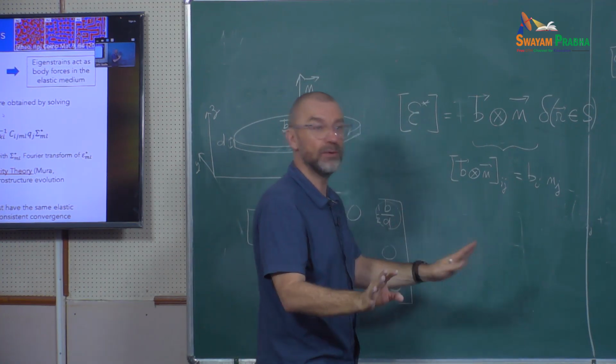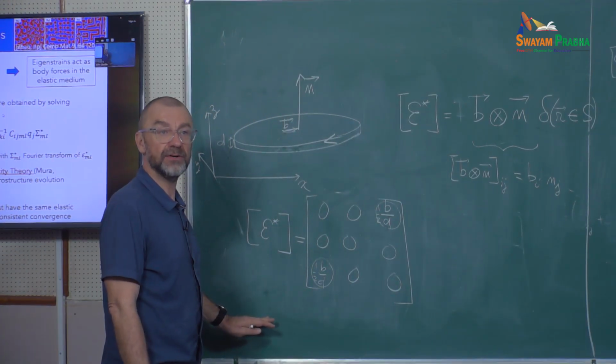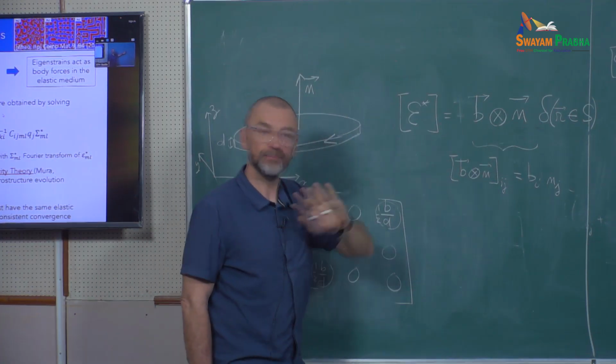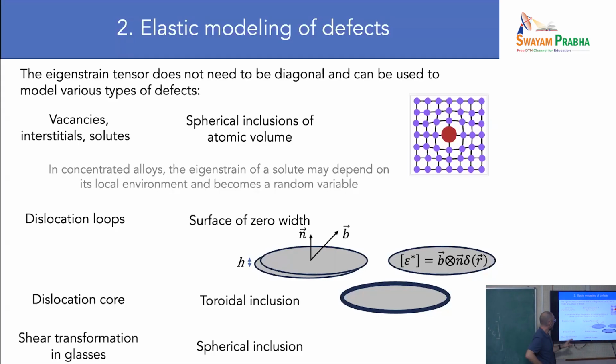Actually, it's completely equivalent to saying I'm going to use the framework of microelasticity theory, assuming that I have a surface with that eigenstrain. Both are completely equivalent. So we said vacancies, interstitial solutes can be modeled by spherical inclusions. Dislocation loops become a surface or a platelet of 0 width with this eigenstrain, as we said.